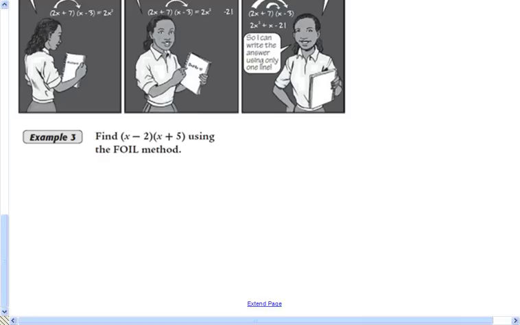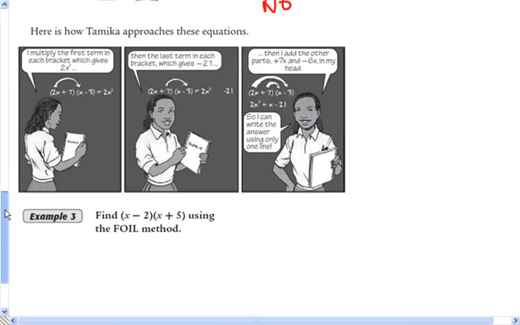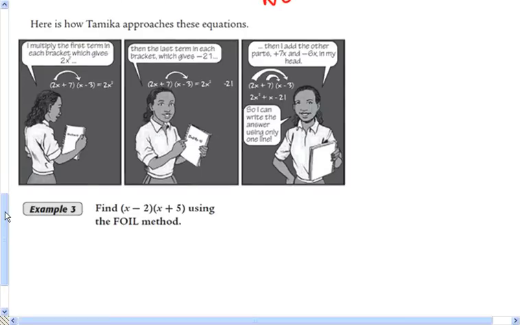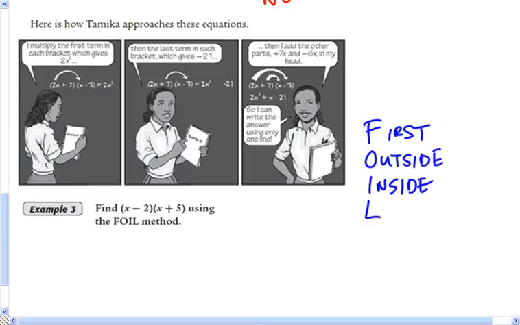But all right, so we're going to use this thing that Tamika uses called the FOIL method. And FOIL is actually an acronym for the words first, outside, inside, and last.